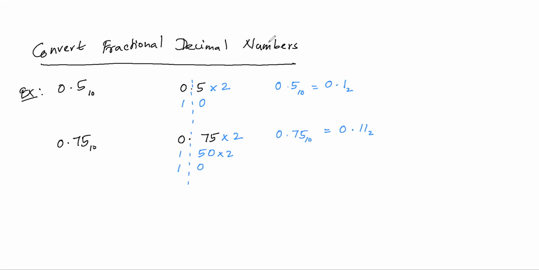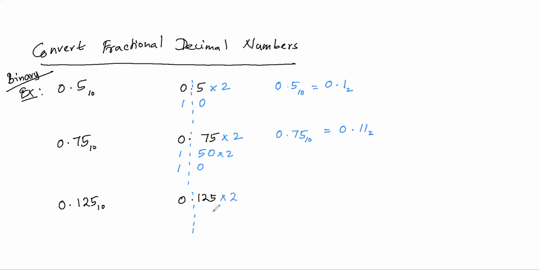Okay, can you do this one? 0.125 in base 10. So we have been given 0.125. We are going to separate out the decimal point. We multiply by 2.